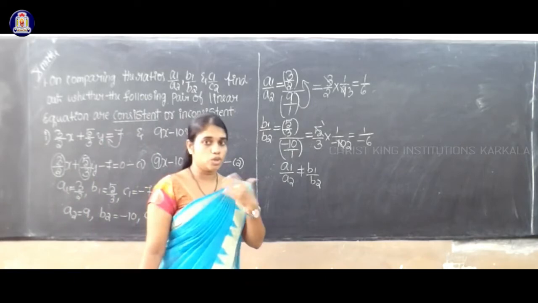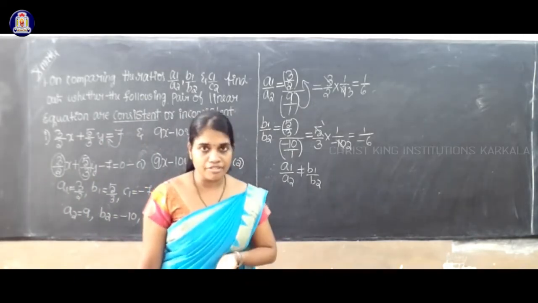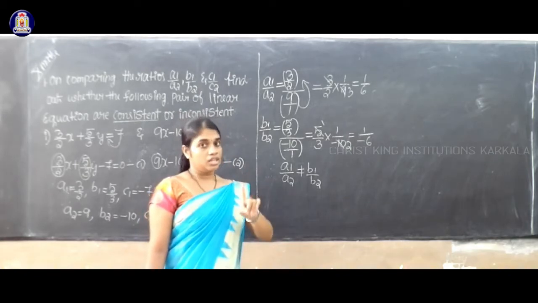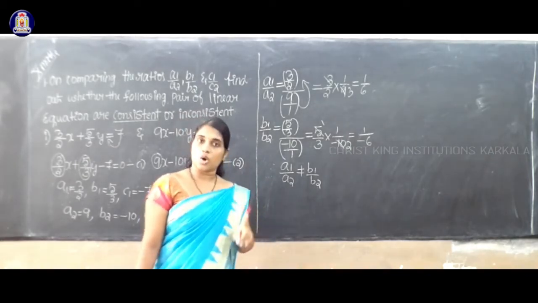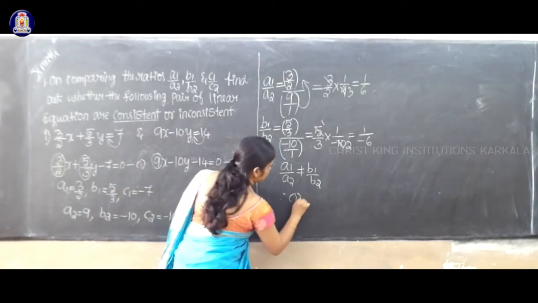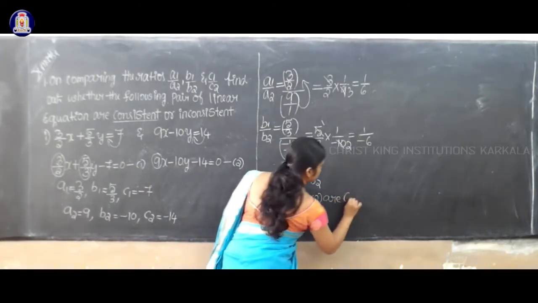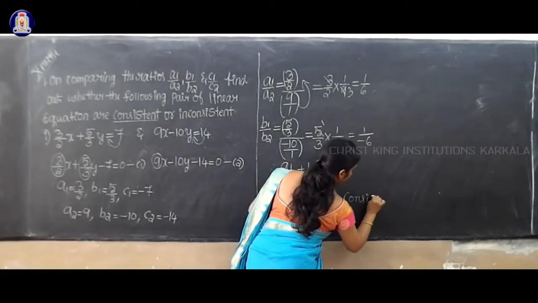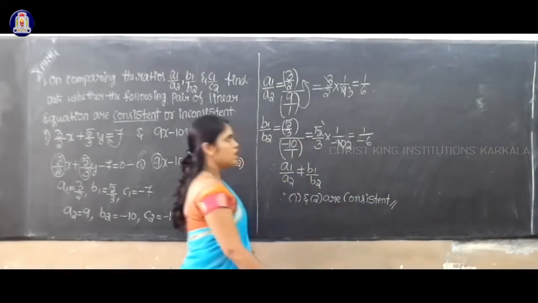If it has a solution, it may be a unique solution or infinitely many solutions; if it has a solution, then those equations are called consistent. Therefore I can say equation 1 and equation 2 are consistent. This is the answer.